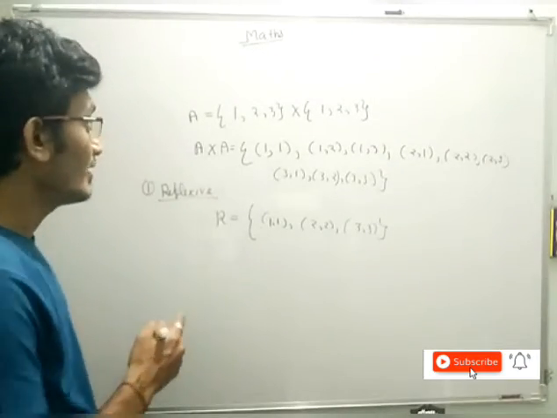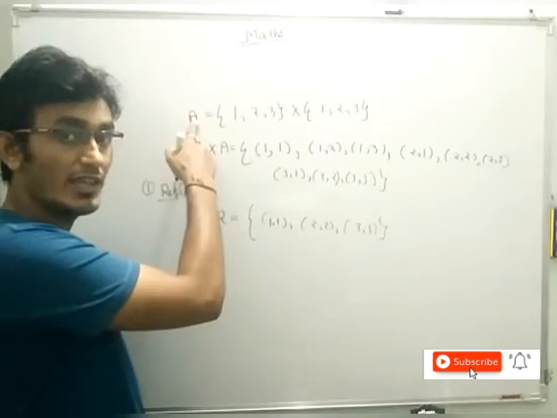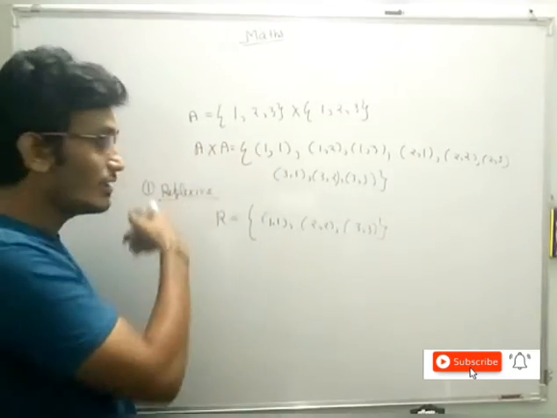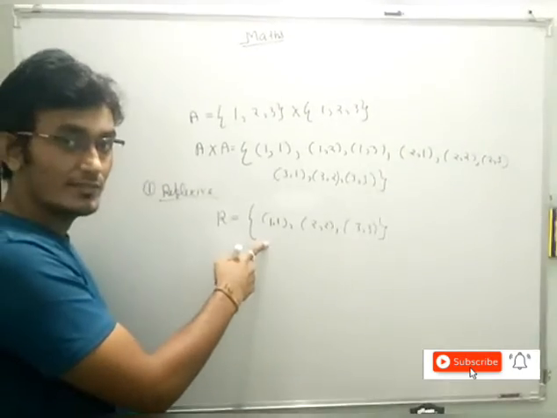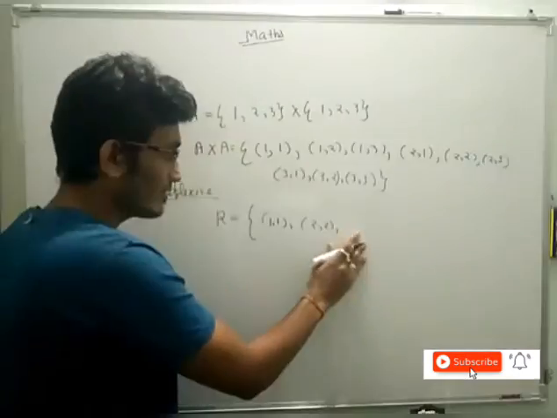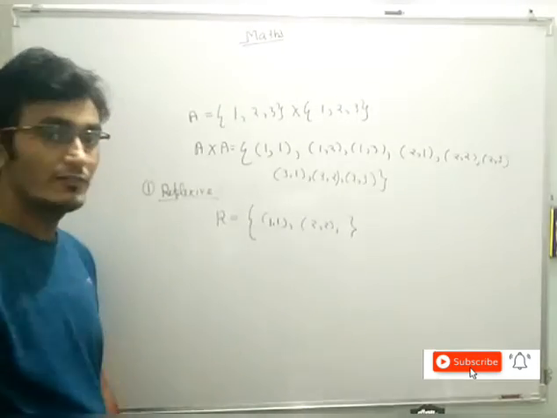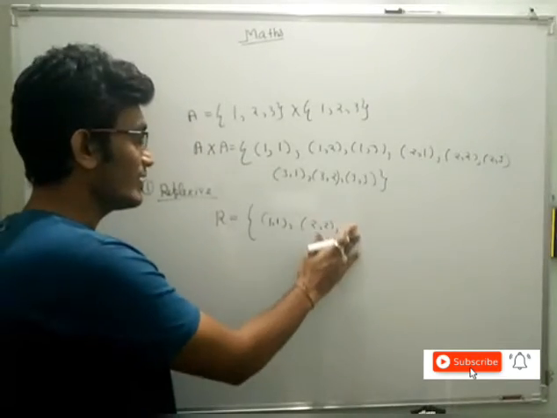But the thing is that we have to check, suppose in this example A contains 3 elements: 1, 2, 3. Now for all these 3 elements, R must contain all the doublets. If one doublet is missing, that time also it should not be a reflexive relation.